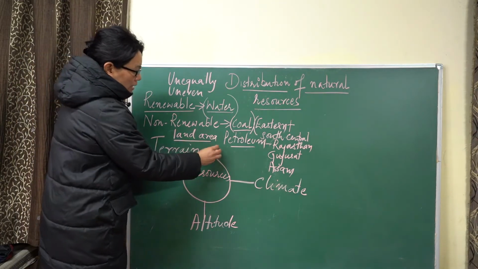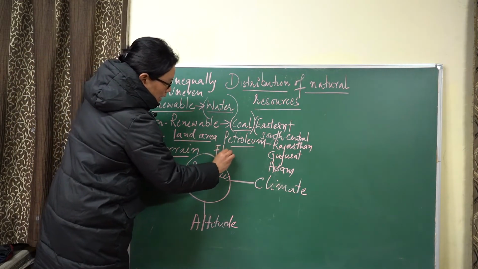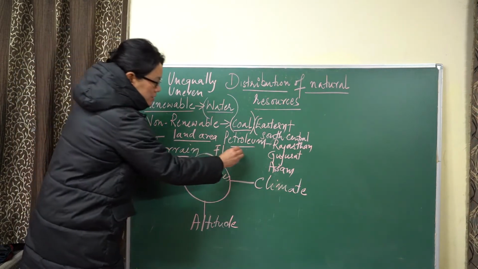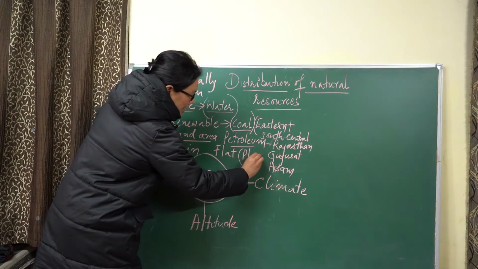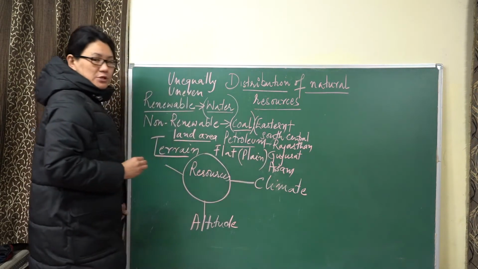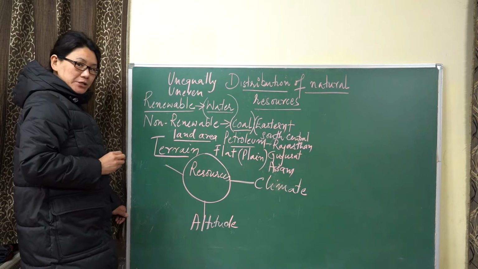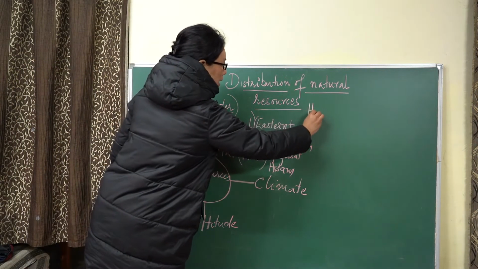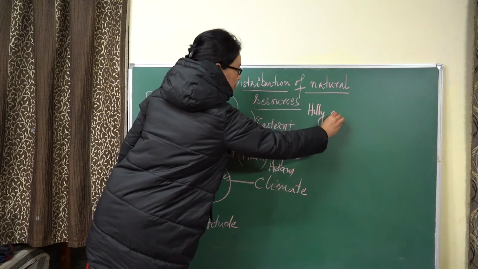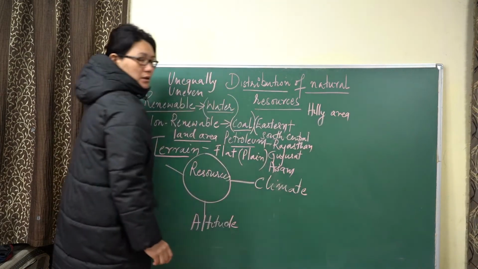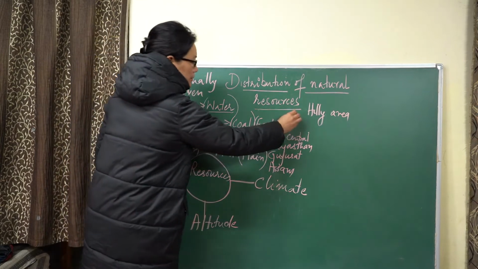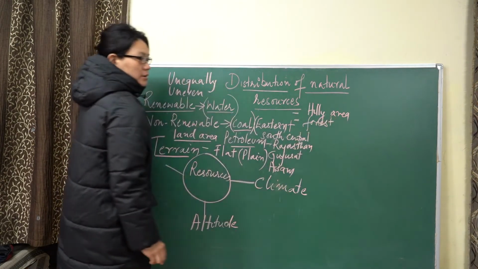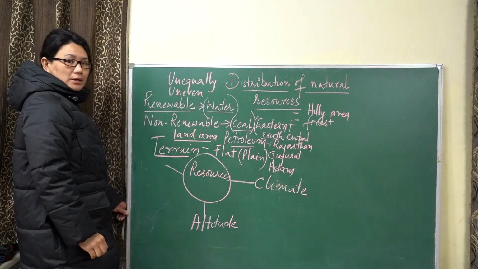Some areas are flat, or we can say plain area. We do have plain areas, right? Some are hilly areas. Some areas are forest areas. Is that clear?